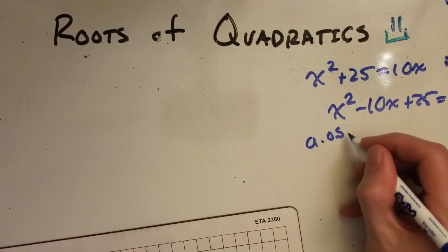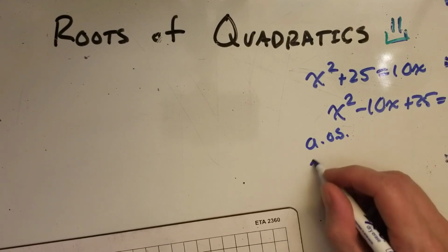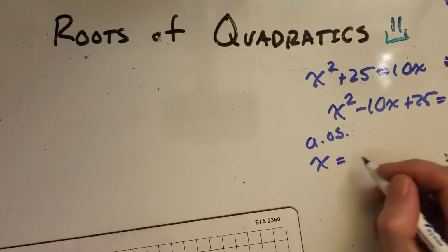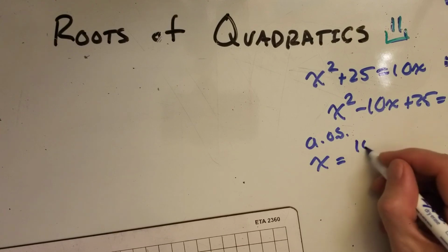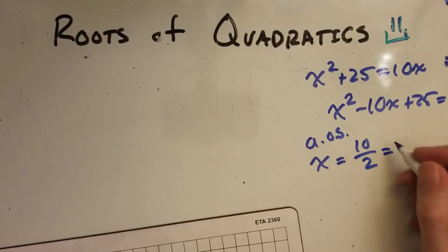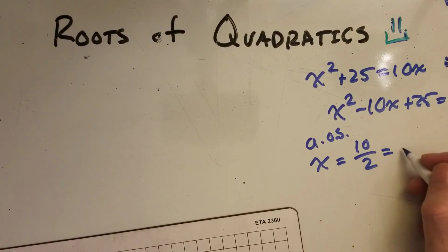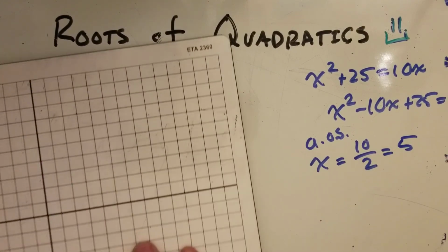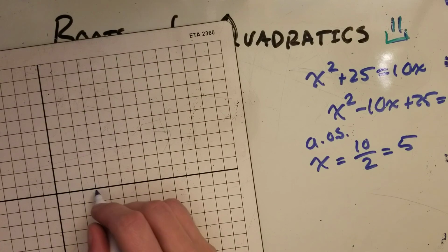For our axis of symmetry, take the opposite of b, which is 10, over 2a, so you're taking half of 10, and you have an axis of symmetry of x equals 5. 1, 2, 3, 4, 5.